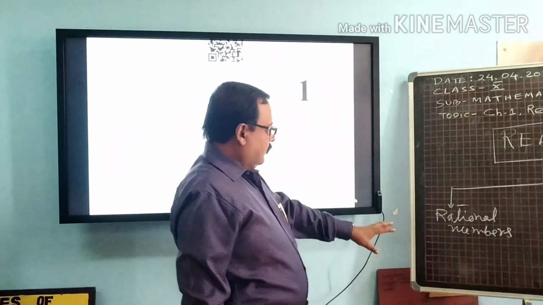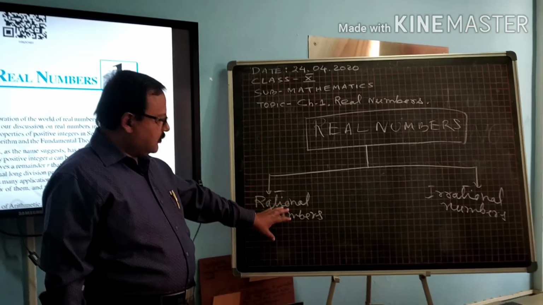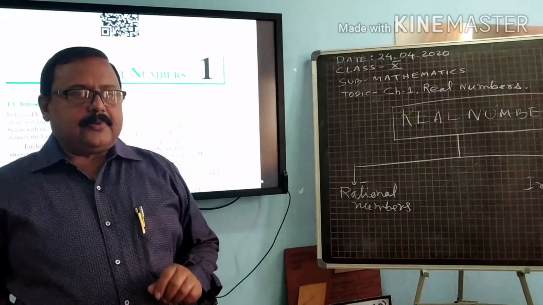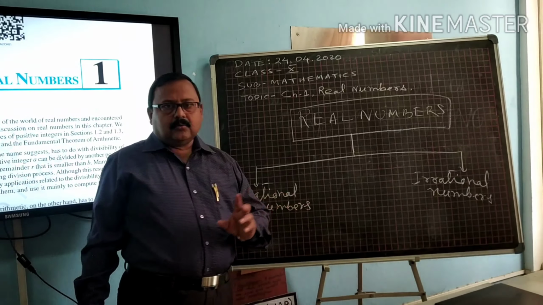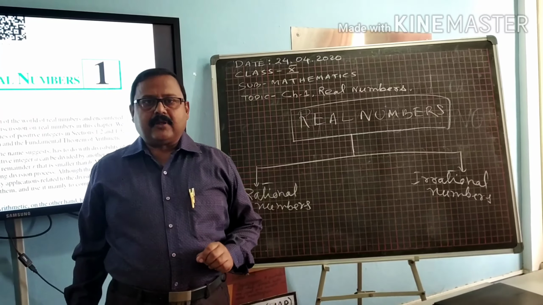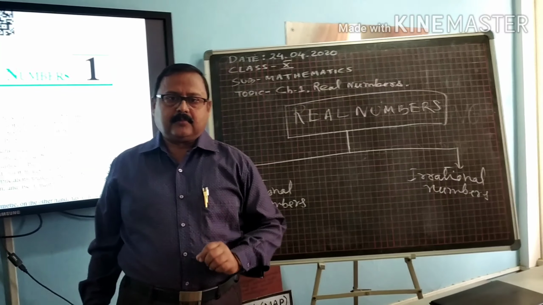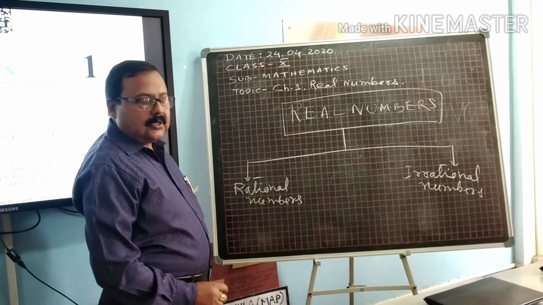Then what are rational numbers? Rational numbers are in the form of p by q, where p and q both are integers, and p and q also have co-prime factors, that is HCF is 1, and q is not equal to 0.